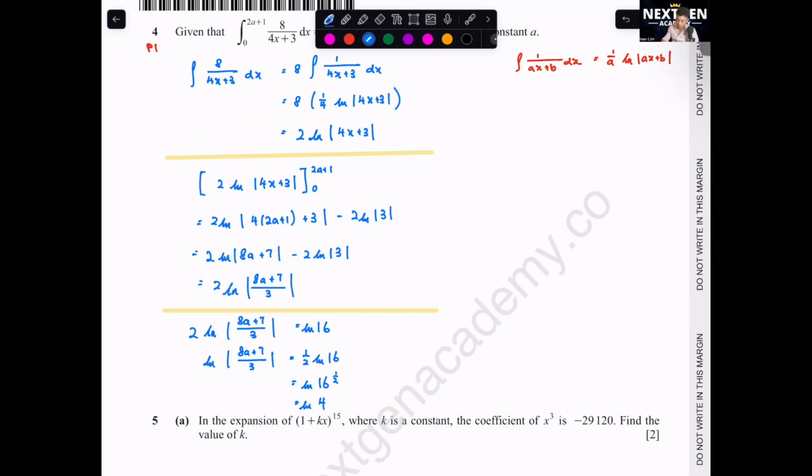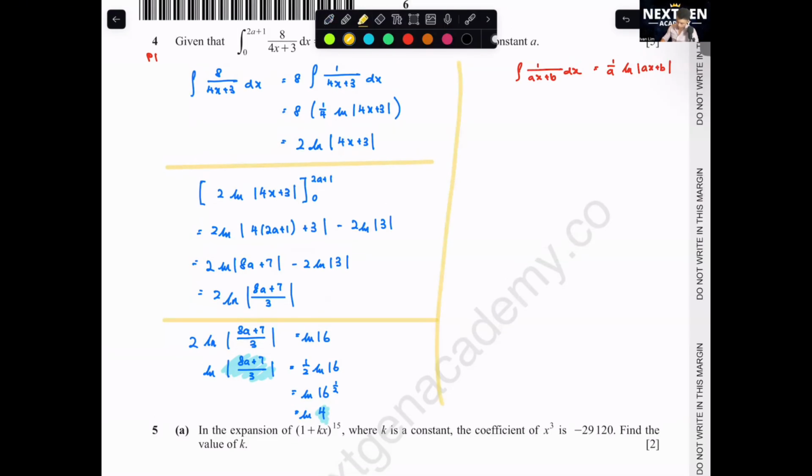Once we have this, we can compare both of this value, this value and this value here. So we can write 8a plus 7 over 3 equals to 4.